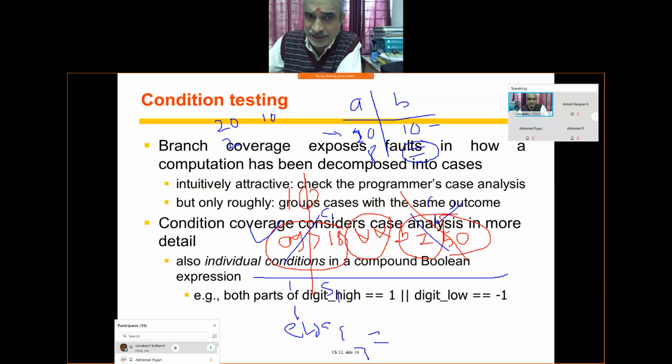Then A is 20, and B is success, I'll take 60. Then A equal to failure, I'll take 8, and B doesn't matter because that's not executed at all. So these are the minimum 3 test cases I need to have.